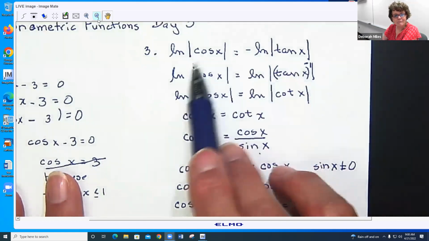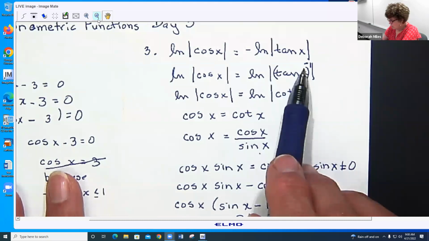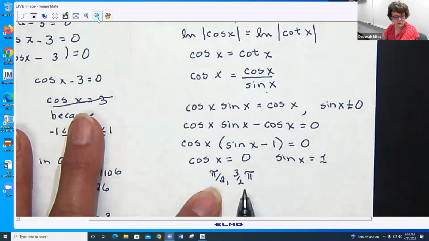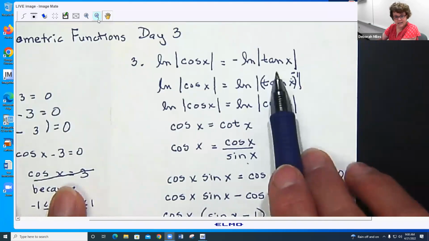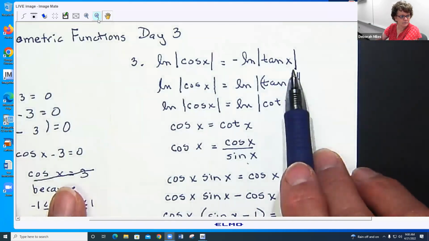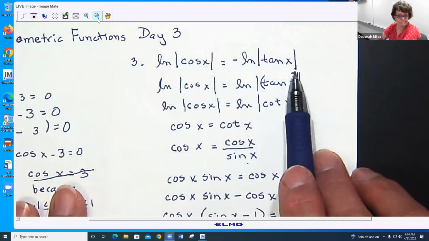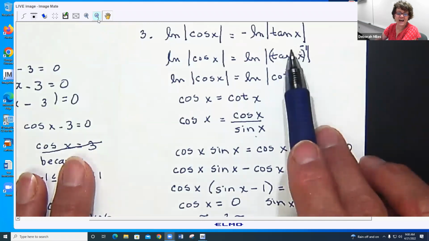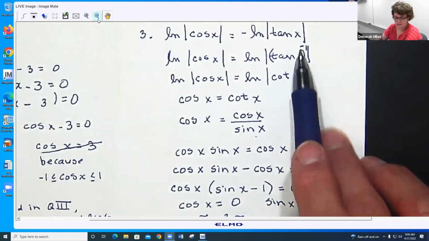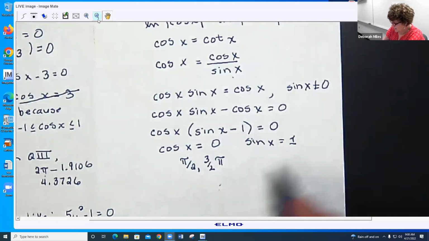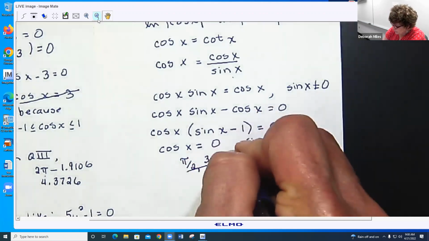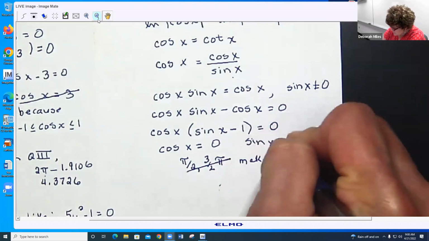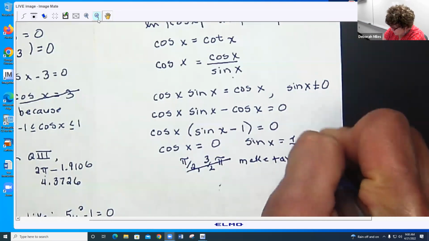So anytime we have fractions involved, we've got to look at it and say, but can I use those possible solutions? Can I take tangent of pi over 2? Tangent's undefined at pi over 2. Tangent's undefined at all the half pies. So all of that work, and I can't use those solutions because they make tangent undefined.